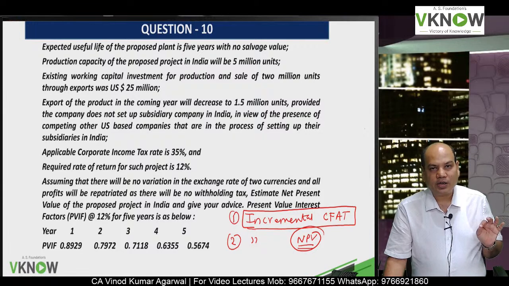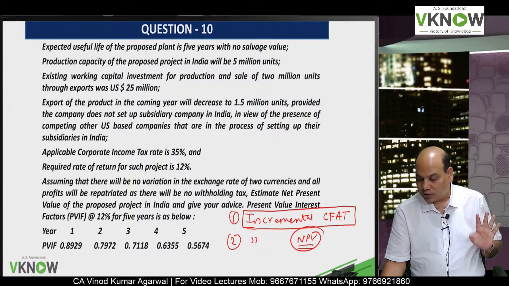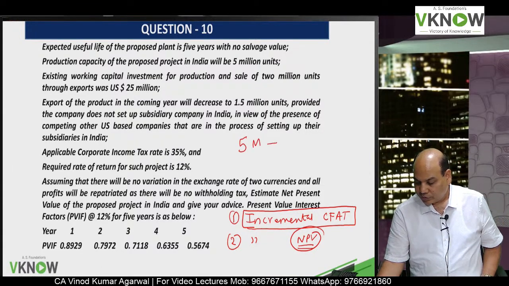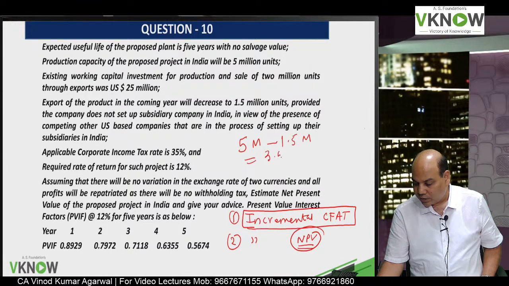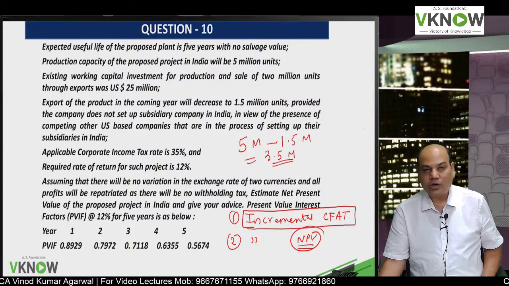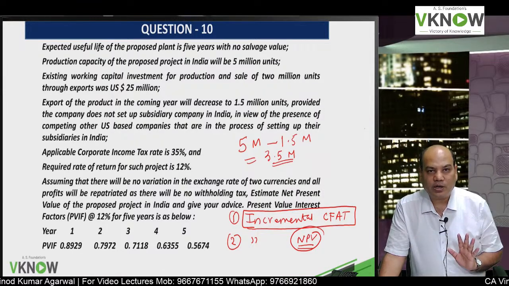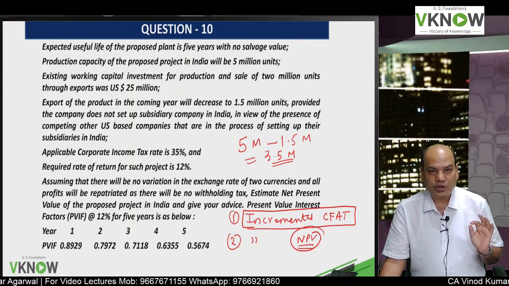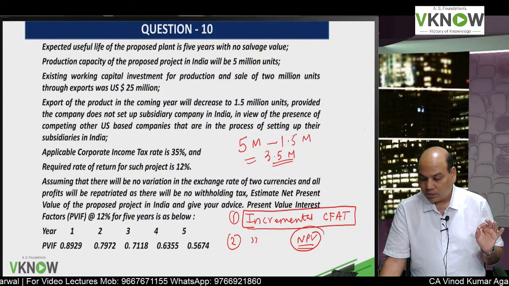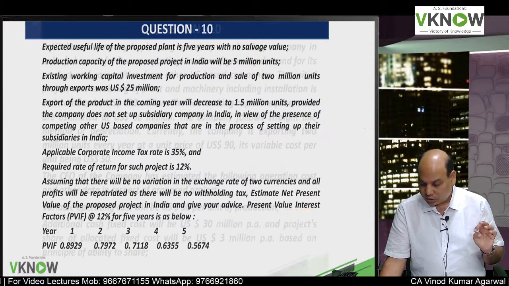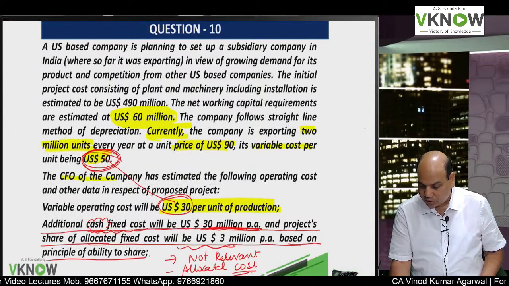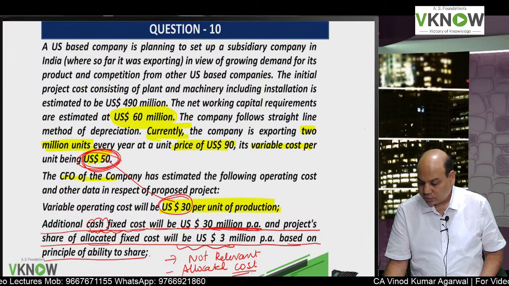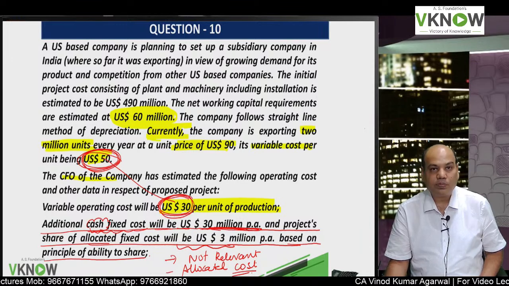So if I undertake this project, my sales will be 5 million against 1.5 million. So this is the main advantage. My revenue will increase on 3.5 million units, but my variable cost will also change. Earlier my variable cost was $50 per unit. Now it will be $30 per unit.